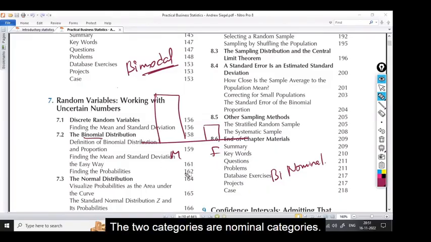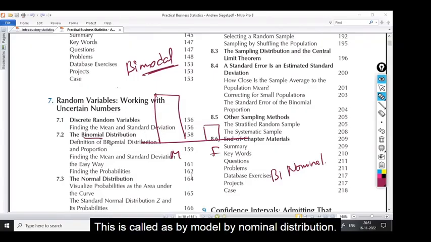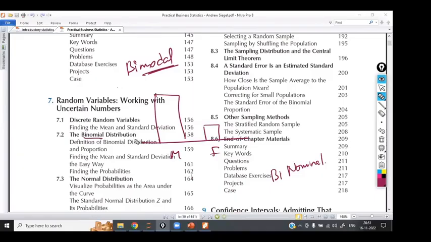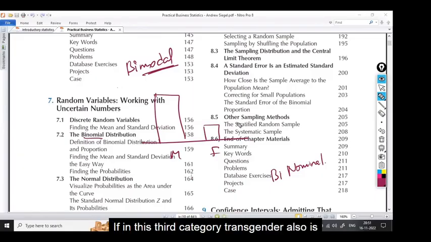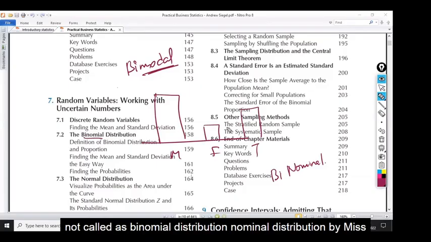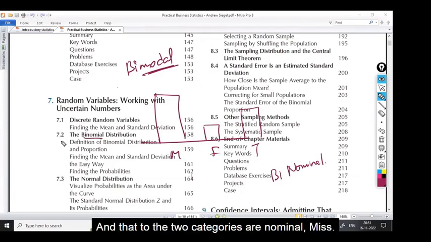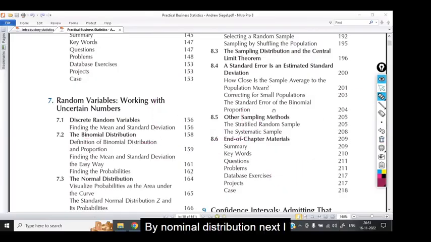The two categories are nominal or ordinal categories. This is called binomial distribution. If in this a third category, transgender, is also there, assume there is a transgender category, then it is not called binomial distribution, nominal distribution only. Bi means only two categories, and that too, the two categories are nominal, which means binomial distribution.